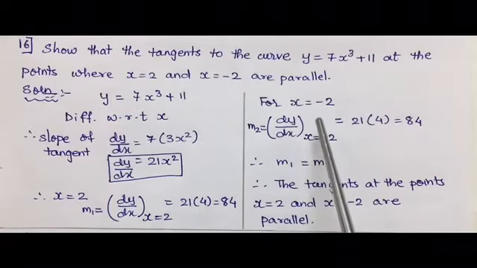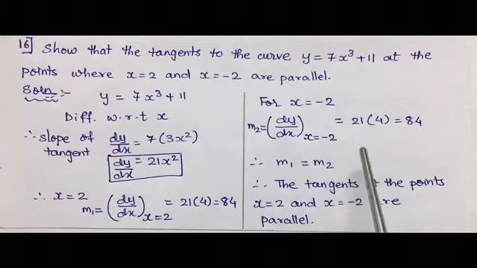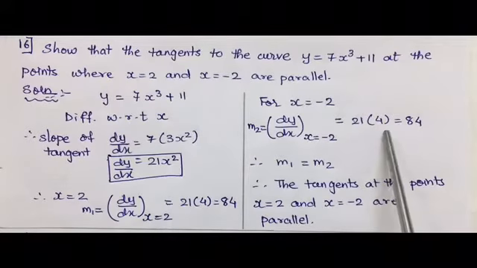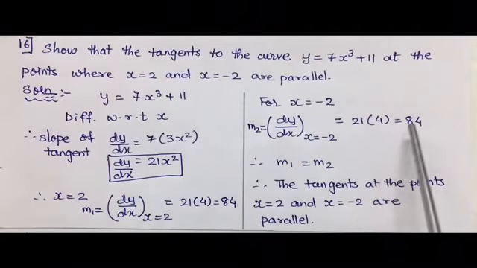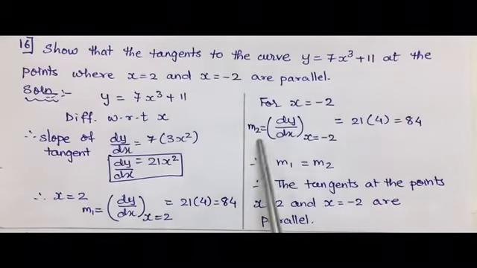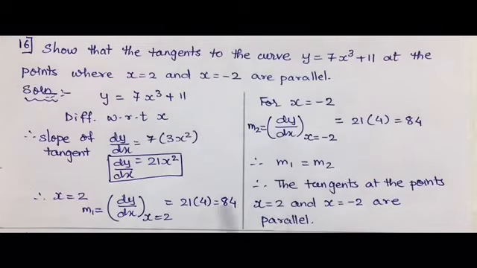Now taking up the slope at the point x equal to minus 2, again taking dy by dx as equal to 21x square, 21 into 4 makes it again 84. So if we mark this at the point x equal to minus 2 as m2, we compare both m1 and m2.